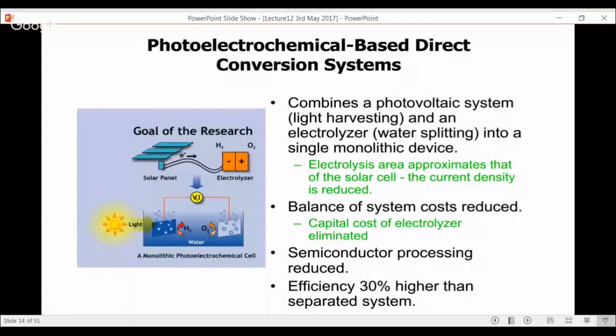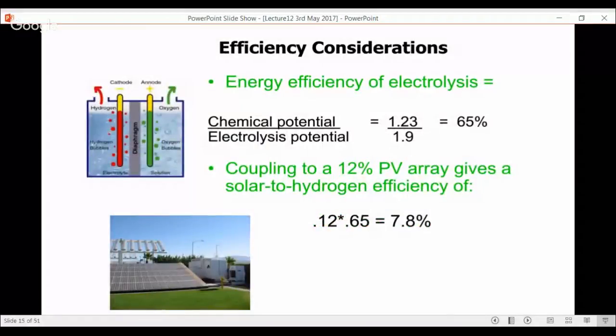So the advantage here is that the semiconductor processing is not very much, because the photovoltaic is a silicon semiconductor. Silicon semiconductors we know very well; we already have about 20%, 25% or 30% efficiency. But that is not the point.